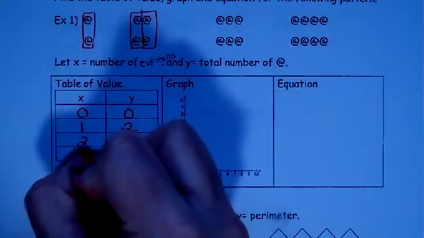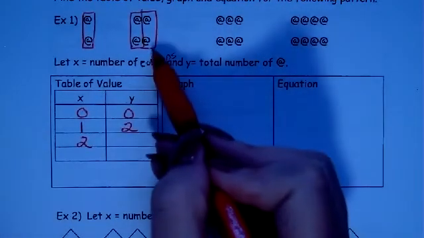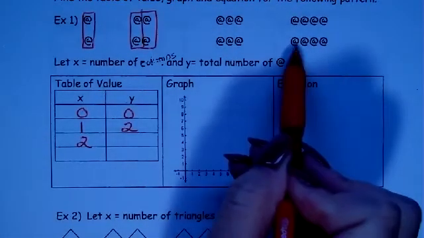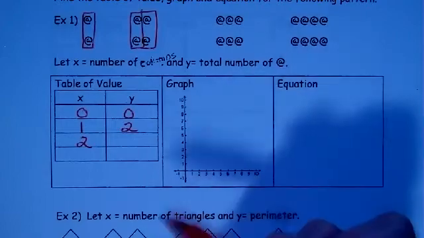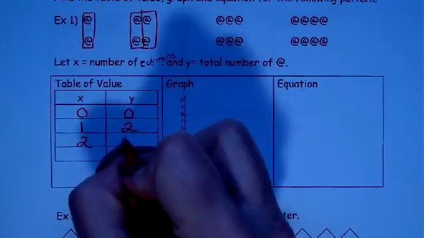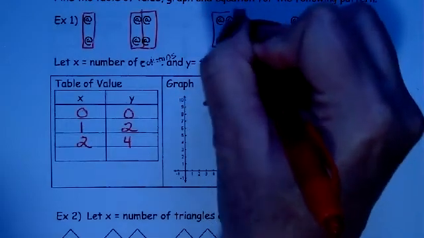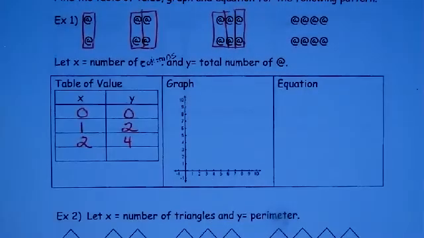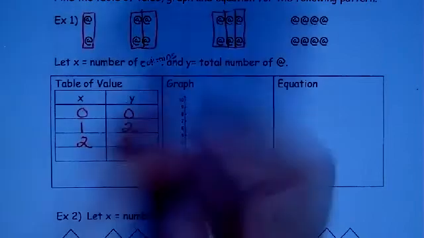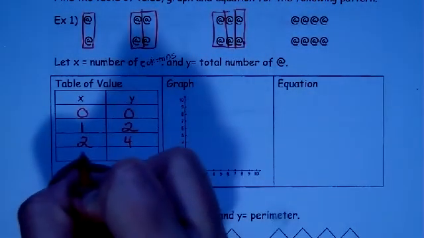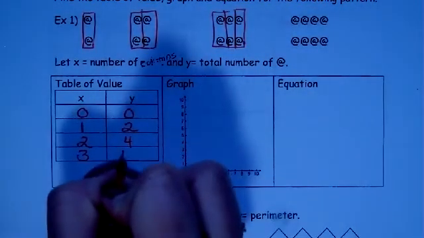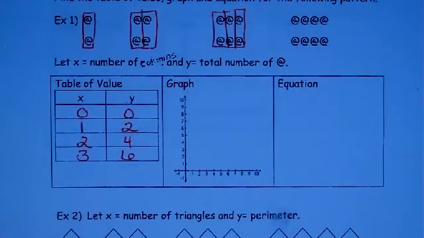So if you think about what's happening, you're adding a column each time, but every time you add a column, you're adding 2 more @ signs. So right here, I have 1, 2, 3 columns and a total of 6. Now I've just created the table of values that go with that pattern.